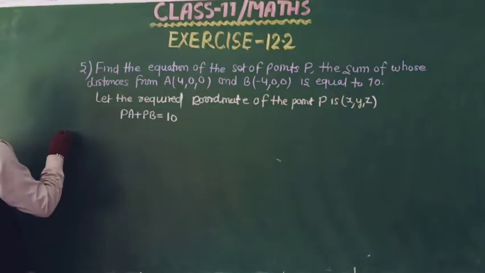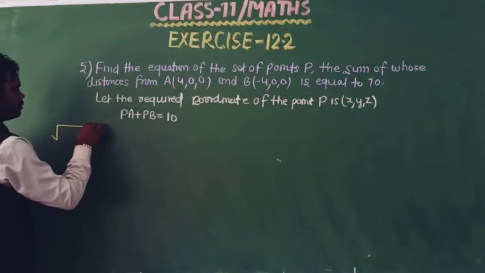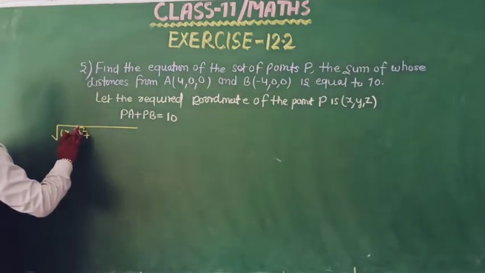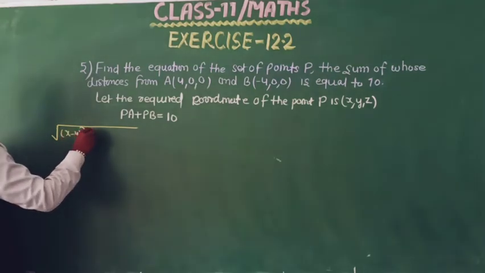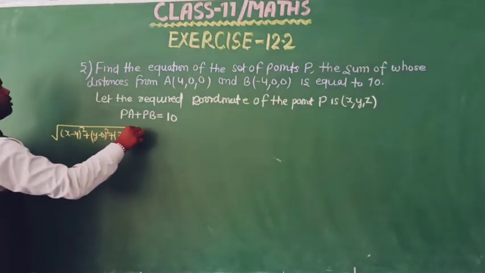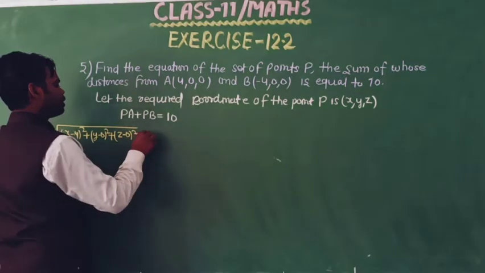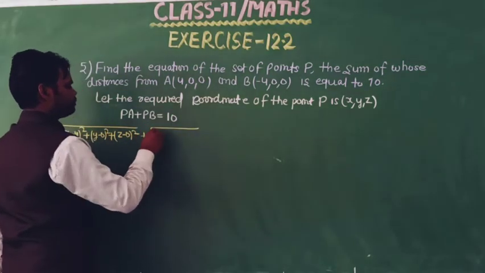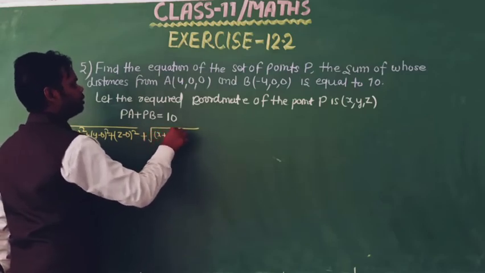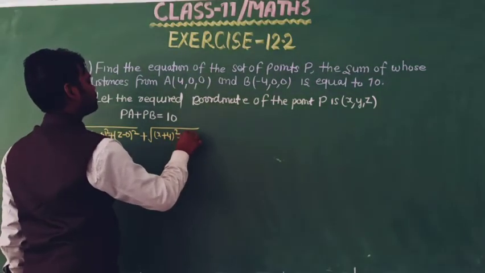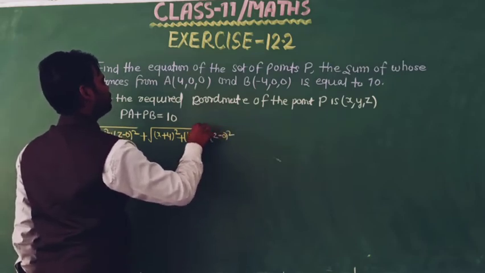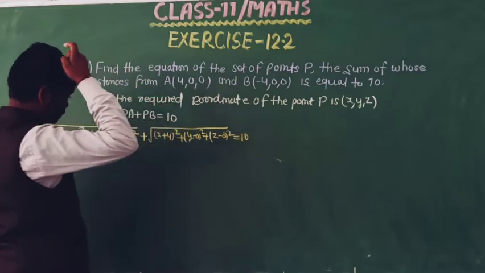So PA is square root of x minus 4 whole square plus y minus 0 whole square plus z minus 0 whole square, plus this is square root of x plus 4 whole square plus y minus 0 whole square plus z minus 0 whole square, equal to 10.